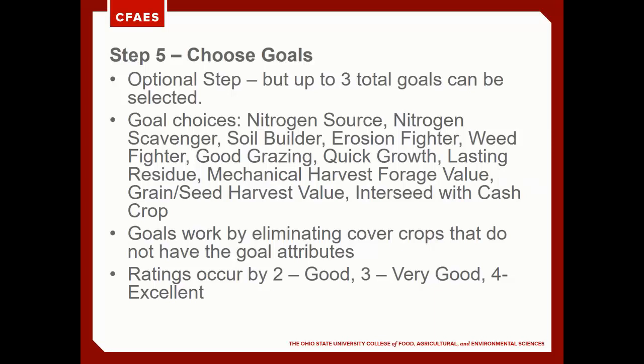What this does, the more goals you select, up to 3, it eliminates those different cover crops in a combination, and it will put numbers beside those. So it will occur with ratings, and the new tool will do this also, with 2 being good, 3 being very good, and 4 being excellent. When the numbers are lower than that, you can't select that cover crop to look at more options, so it kind of blacks that out or grays that out in the tool selector.